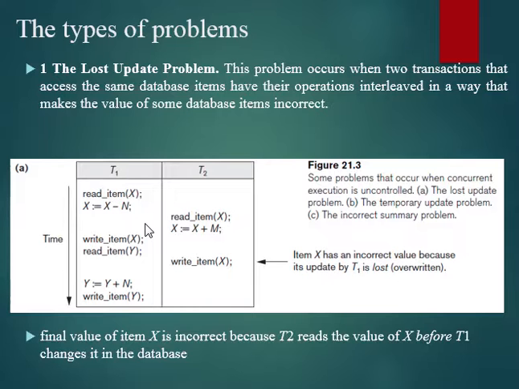So T2 reads the old value, which is from before T1 updated the content. It is getting the old value. That's why we call it the lost update problem.